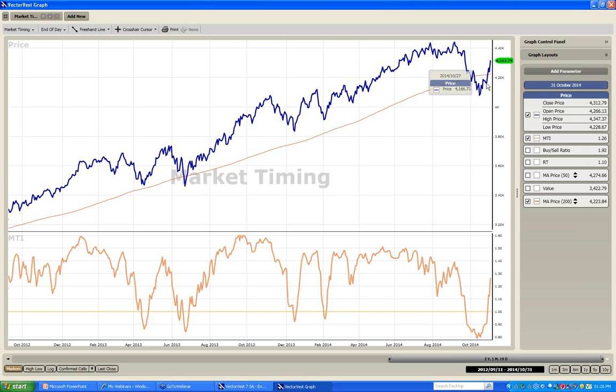Okay, now when the MTI goes up through 1 and the composite closes above the highest close of the last 10 days, the underlying trend is confirmed up. And if I click on this little button, it then labels the chart with red and green triangles.